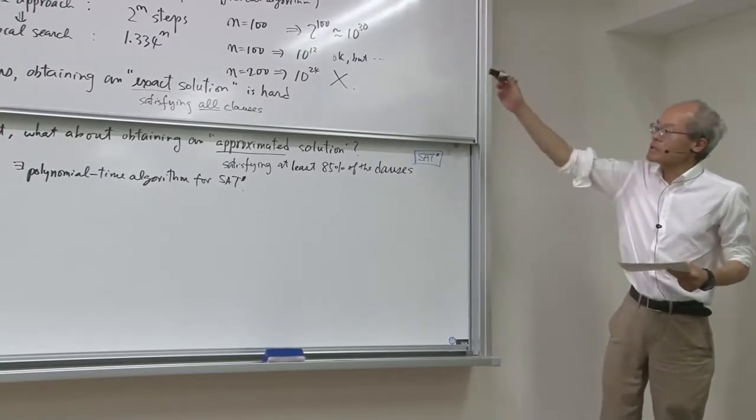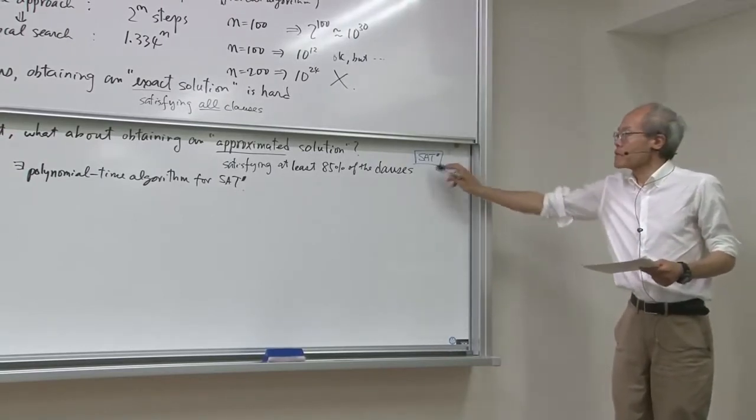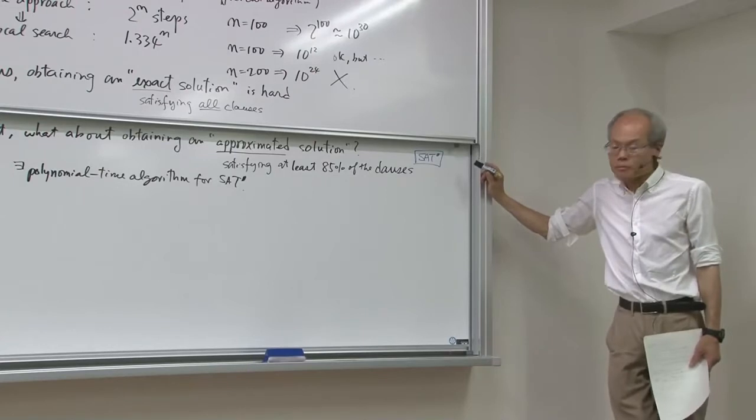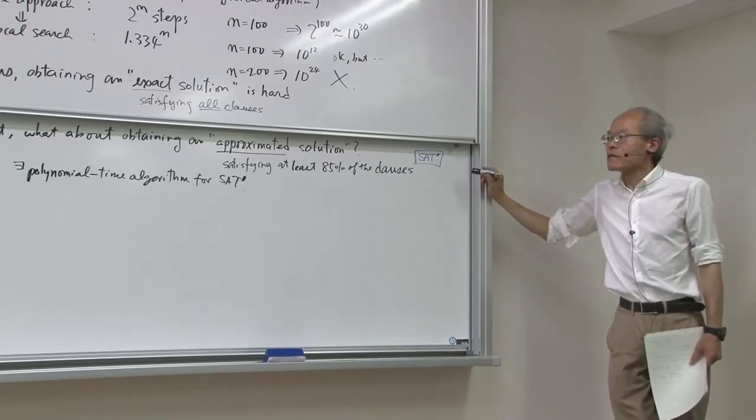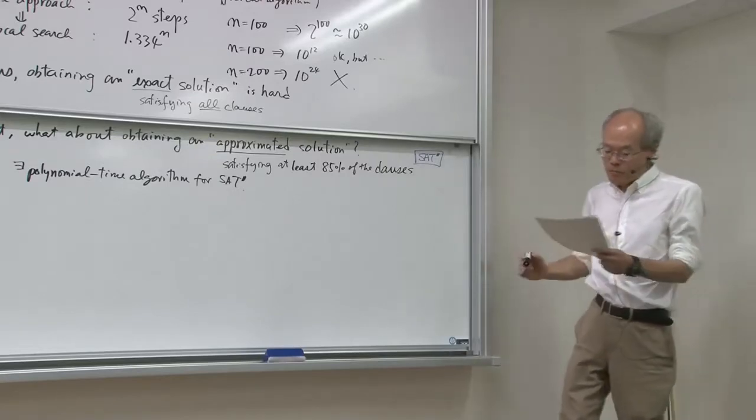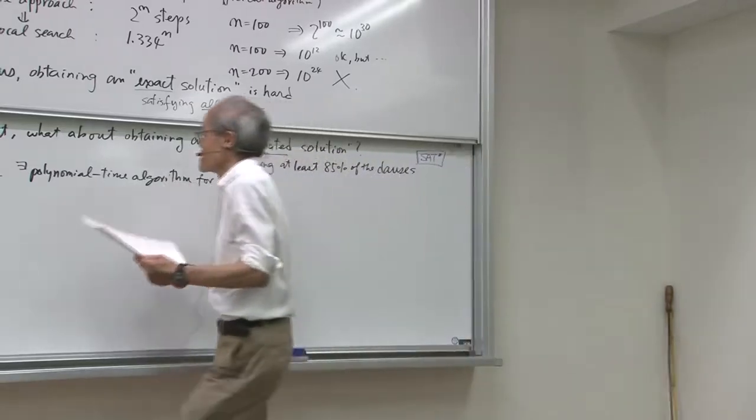The original SAT is difficult, but for this problem, SAT prime, it's pretty easy. We do have a polynomial time algorithm for SAT prime. Proof, okay, proof is just one line.